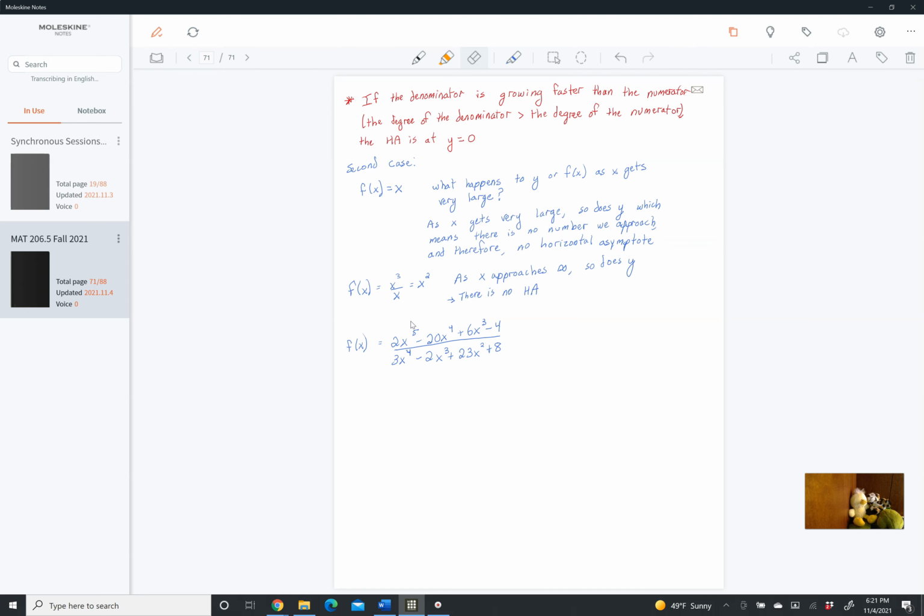X to the fifth is much larger than x to the fourth. X to the fourth is much larger than x cubed. So the only values that wind up being significant are the ones with the highest powers. Everything else is insignificant here. It's not really going to change the values. Okay? If you plug in a really large number for x, then the 20x to the fourth, subtracting that, it's not going to make that much of a difference to the 2x to the fifth.